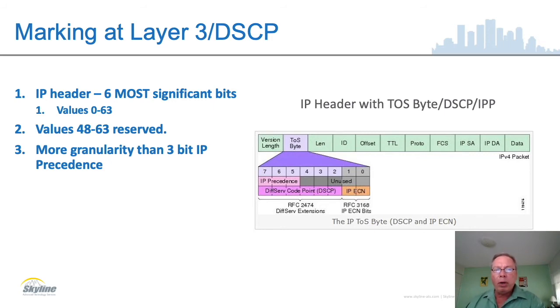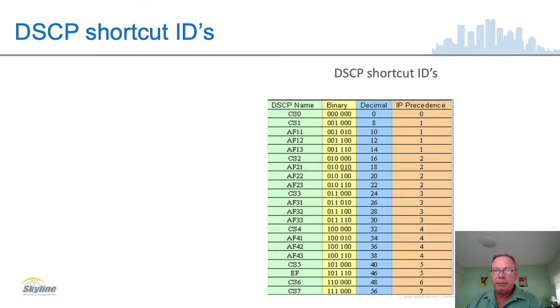I have more granularity than just using the 3-bit IP precedence. So I can mark something DiffServ code point 0, or 1, or 2, or 3, or 4, or 5, all the way up to 47 if I'm abiding by the previous slide, or to 63 if I need some kind of management traffic to be recognized.